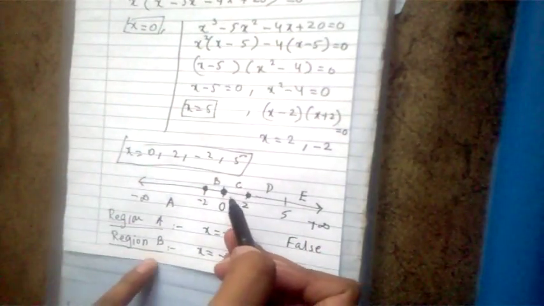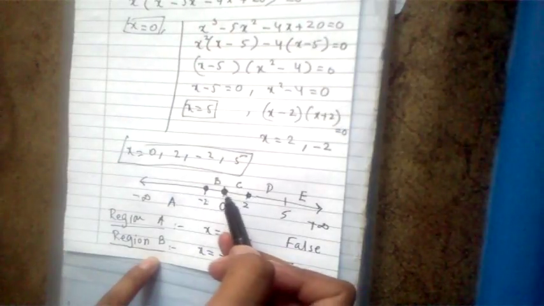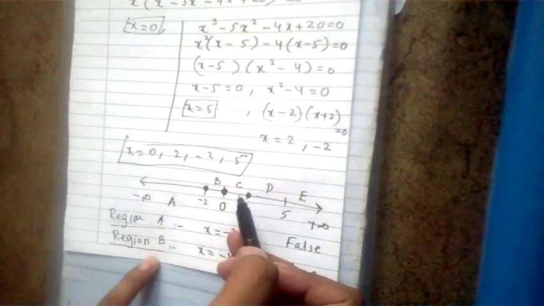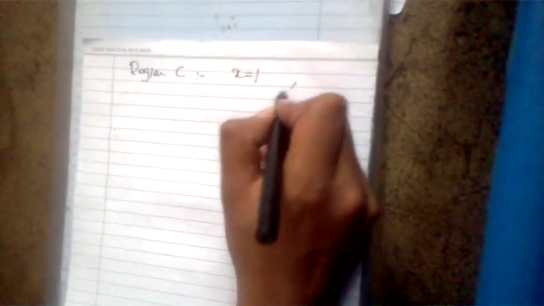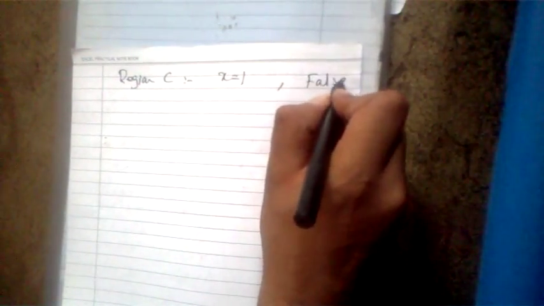Now we will test out the region C. This is from 0 to 2, and one of the points in this region is x is equal to 1. You will substitute x is equal to 1 into your inequality, and this proves to be wrong, that is false.